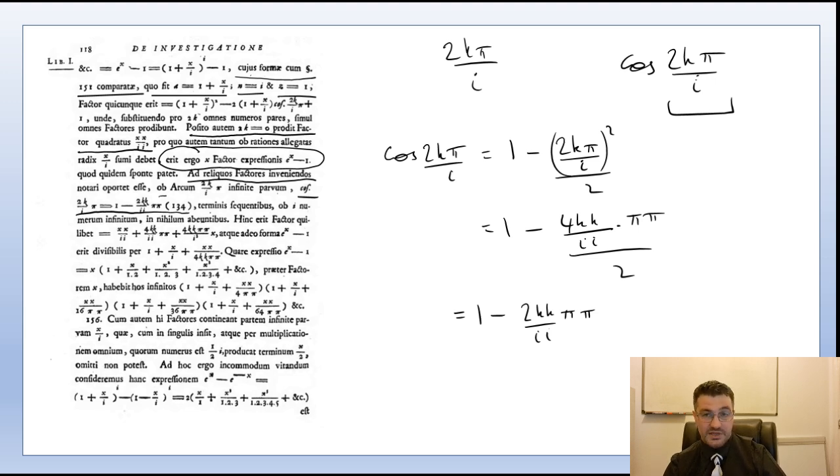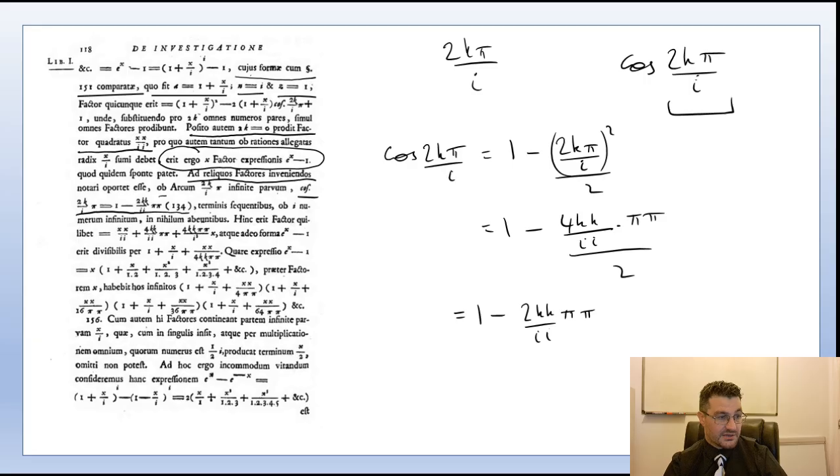Again, this would be a bit dodgy from a modern perspective. We would think of it as an approximation. But we're dealing with these infinitely small numbers, so they work a little bit differently. So we can have equality here.